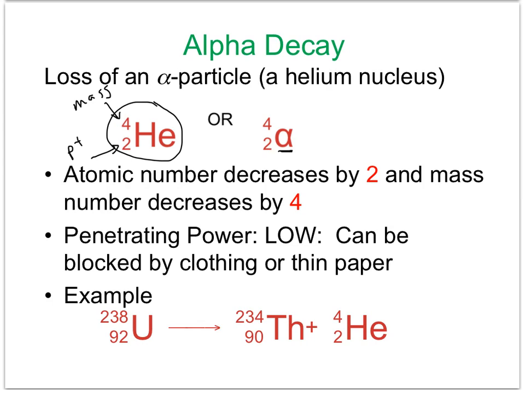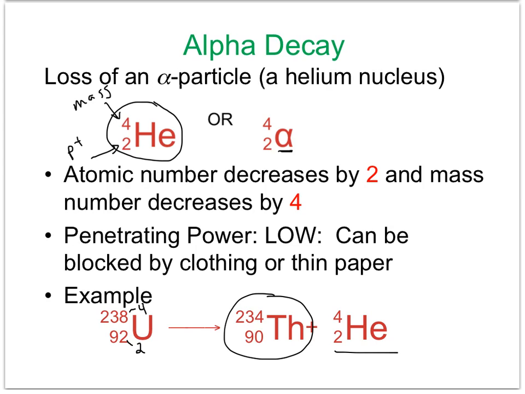If we take a look at the example below, you can see a nuclear equation showing alpha decay. Notice that the alpha particle is on the product side. It has been released. And you can see that the new particle that has formed is 4 less than the mass number of the original parent atom, and it's 2 less in terms of proton number.